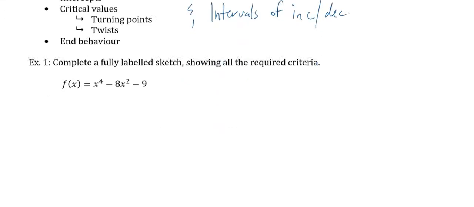Otherwise, you get people doing things like this. They've got an asymptote here, and an x-intercept here, and a y-intercept here, and an x-intercept here. And then there's another asymptote here, and they go something like that.